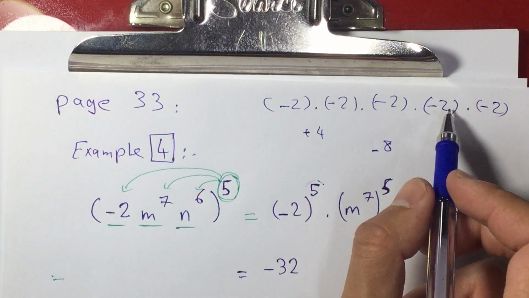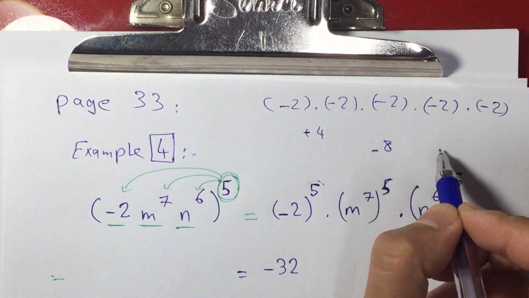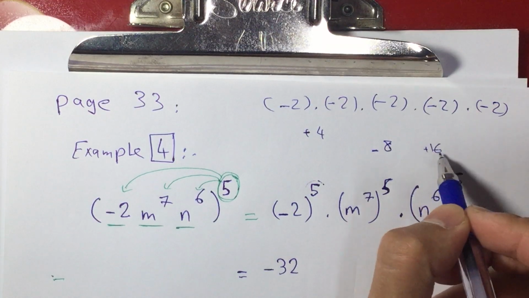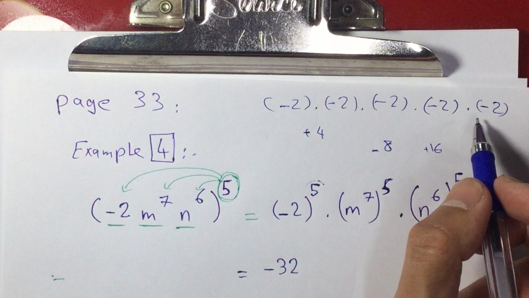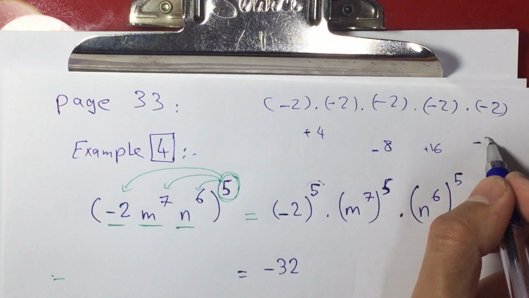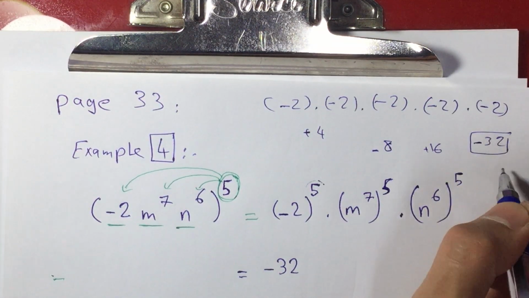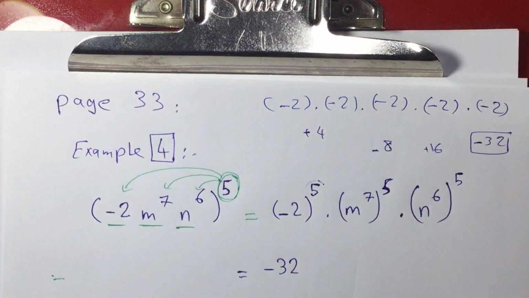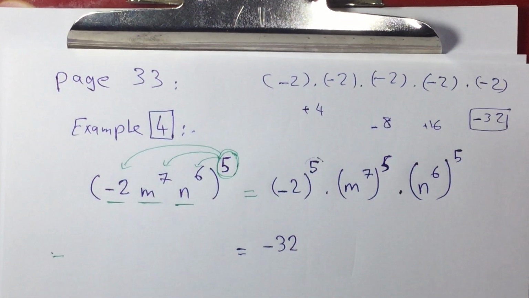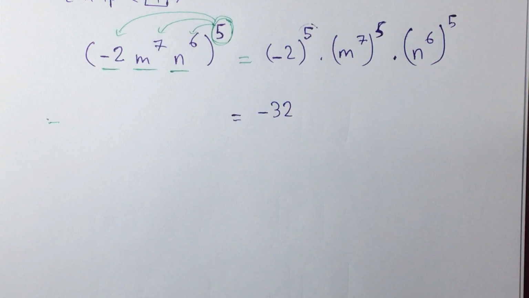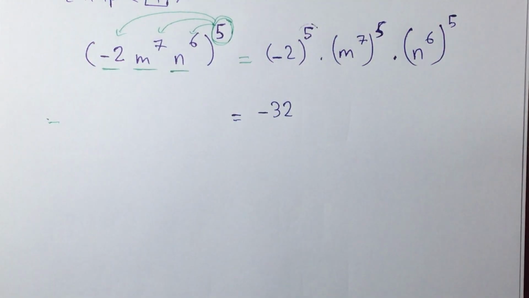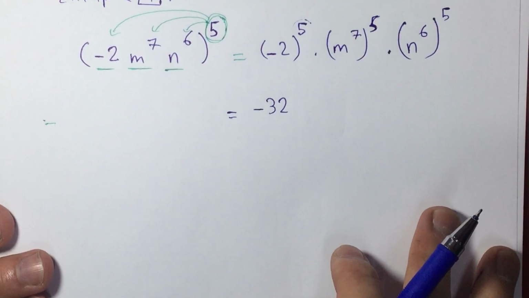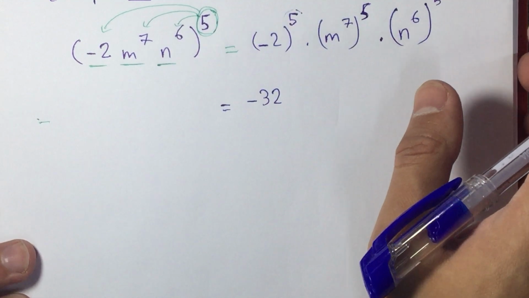Minus 8 times negative 2 will give you positive 16, and then positive 16 times negative 2 will give you negative 32. So you can calculate it numerically to know the sign, or you can just write the sign, depends on whether the exponent is odd or even. Because here it is an odd number, so the negative sign will remain in the answer.